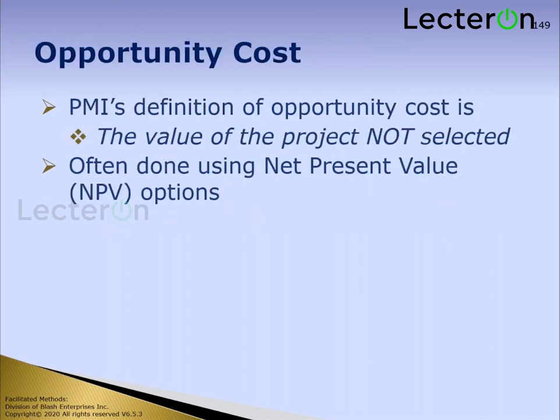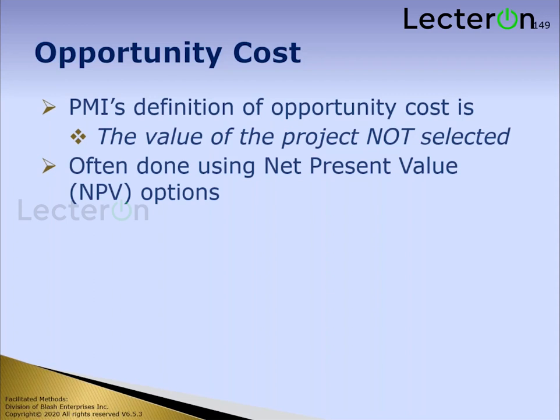One of the other things that you need to understand is there is this thing called opportunity cost. And when they talk about the opportunity cost, it's going to be the net present value, most often, of the project you did not select.